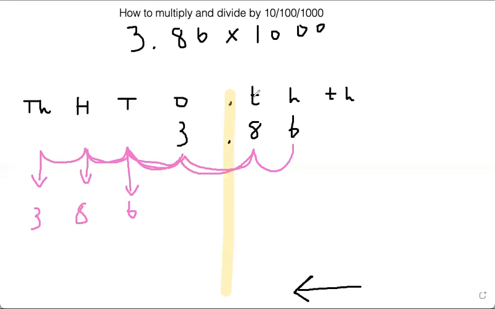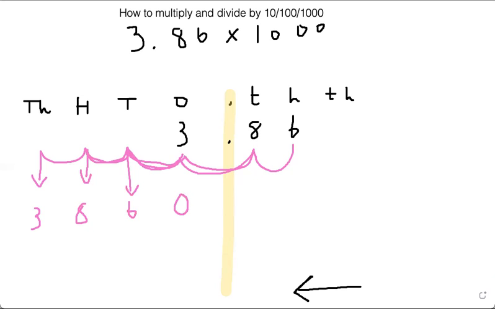Next, as you can see in the ones column, we have an empty space before we get to the decimal point. If you ever have an empty space either here or maybe in the tenths or the hundredths, all you can do is fill them in with zeros until you get to the decimal place column.